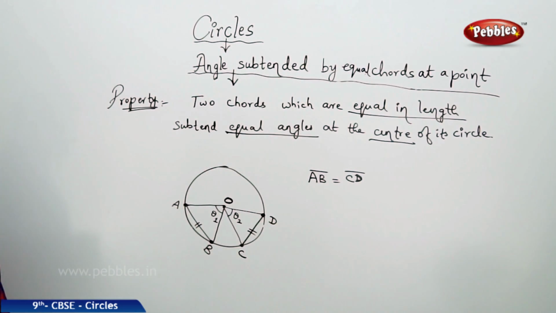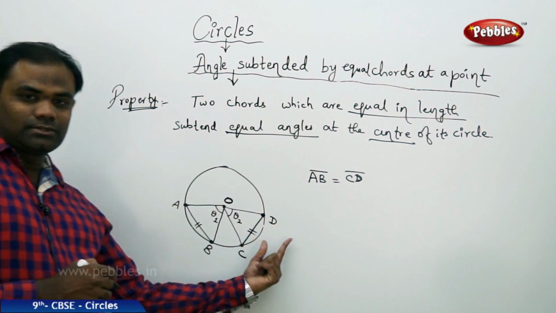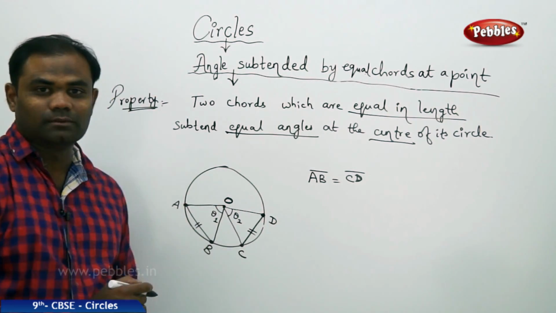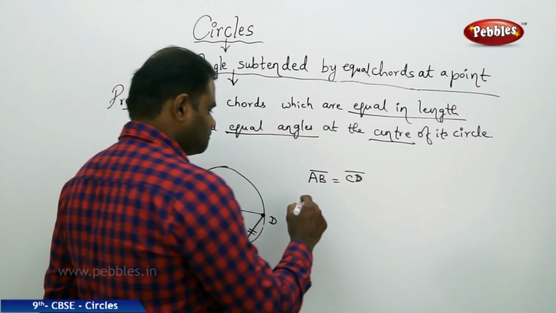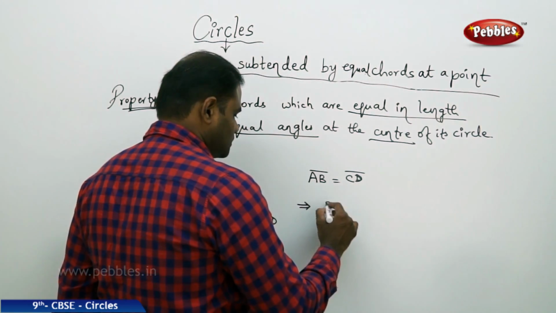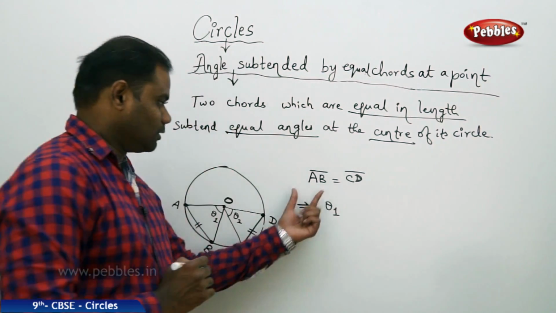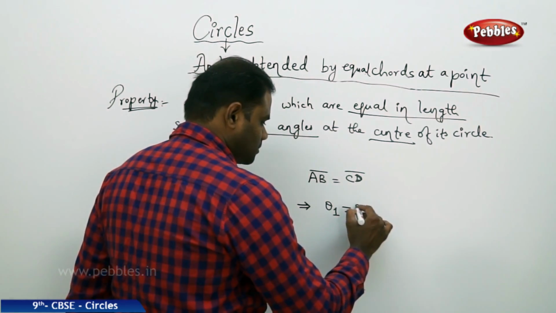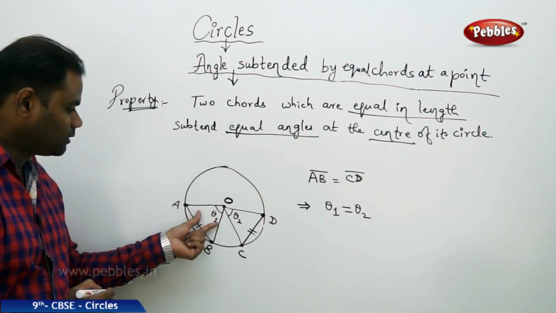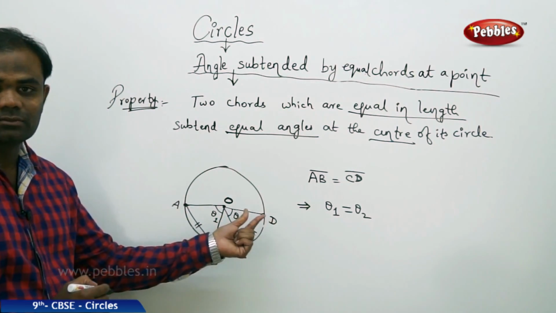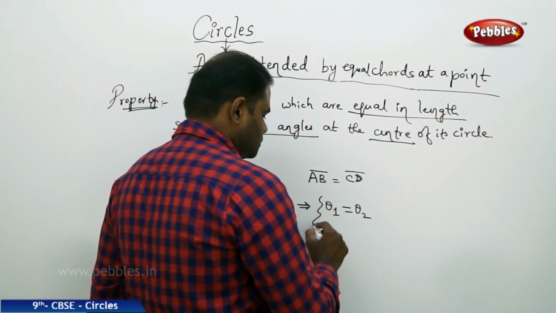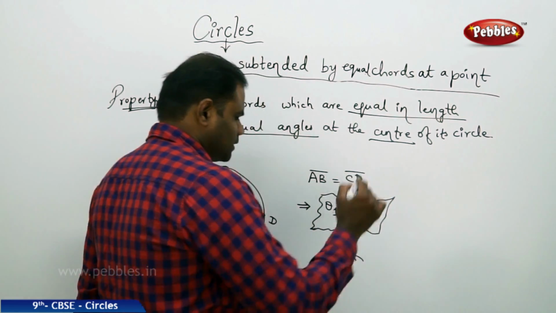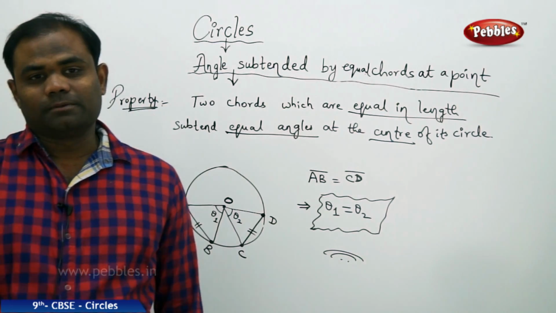Then clearly the property says that for chords which are equal in length, the angle subtended at the center must be equal. Therefore, for equal chords AB equal to chord CD, the angles subtended at the center, theta 1 and theta 2, must be equal. This is how we understand the property.